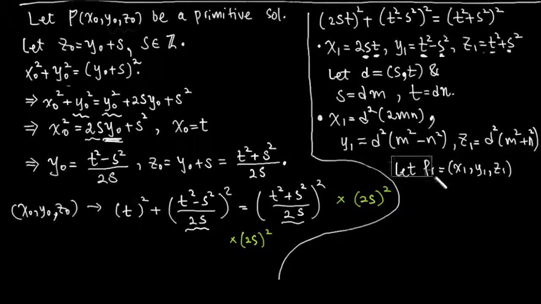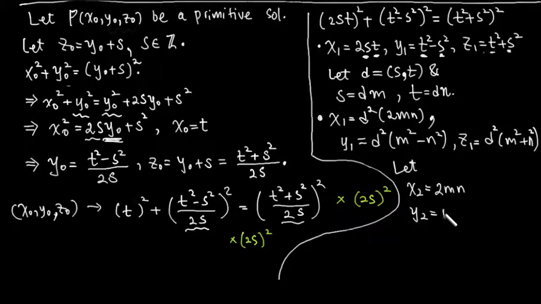It's unnecessary to write it in here. We're going to let x2 be 2mn without d squared, and you have to imagine that, because d squared is common throughout, after you cancel those, these x2, y2, z2 will still be solutions. So let me just write that down first, like this.